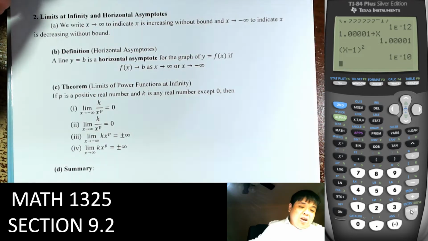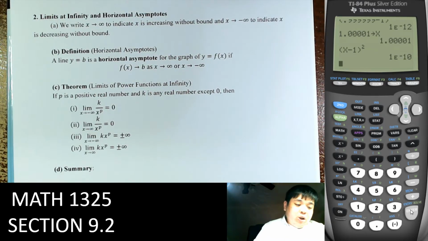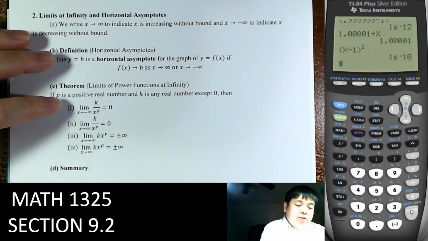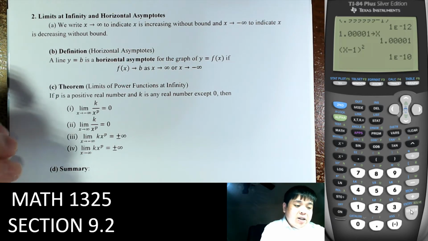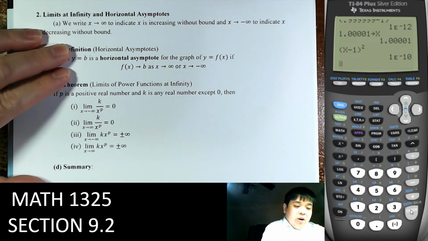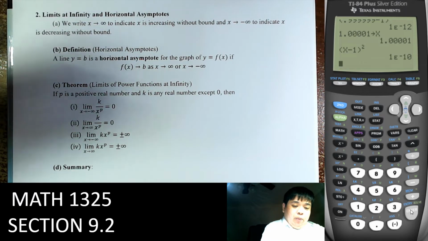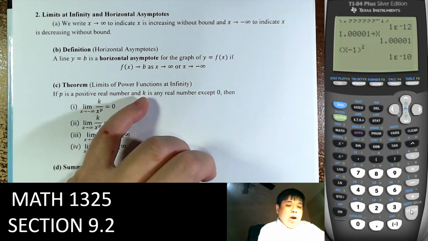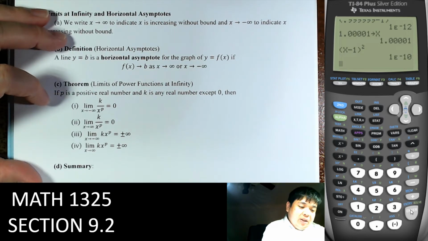So y equal to 0 is a horizontal asymptote. We'll talk about how to find the horizontal asymptote later, but it is a horizontal line the function is approaching when x goes to infinity or negative infinity.